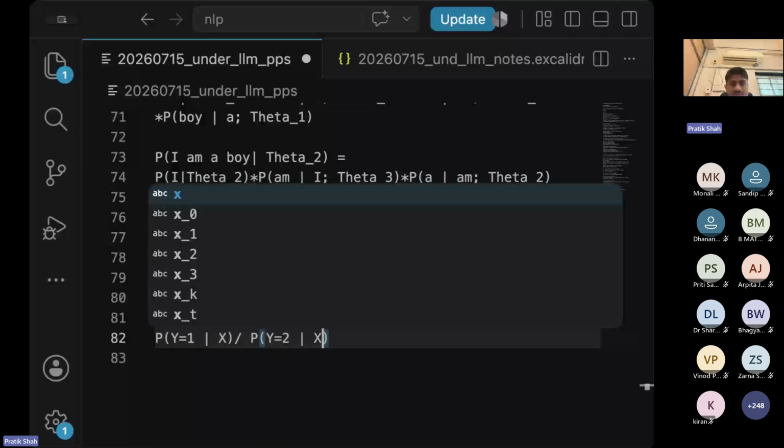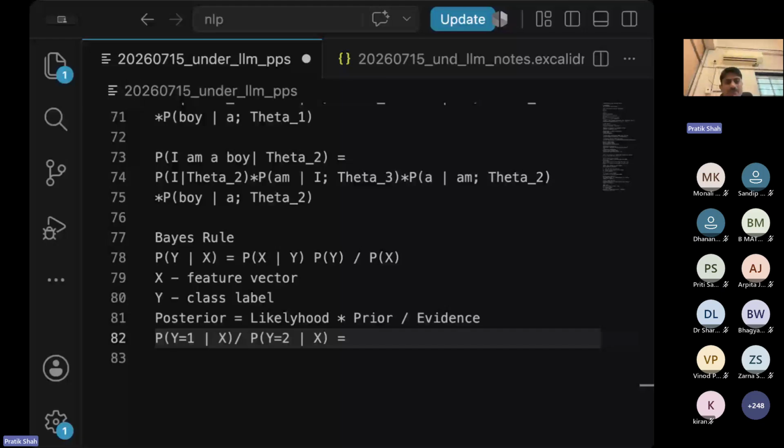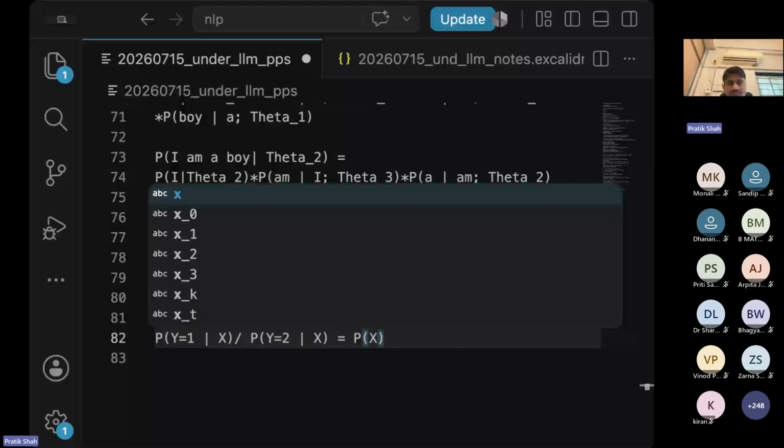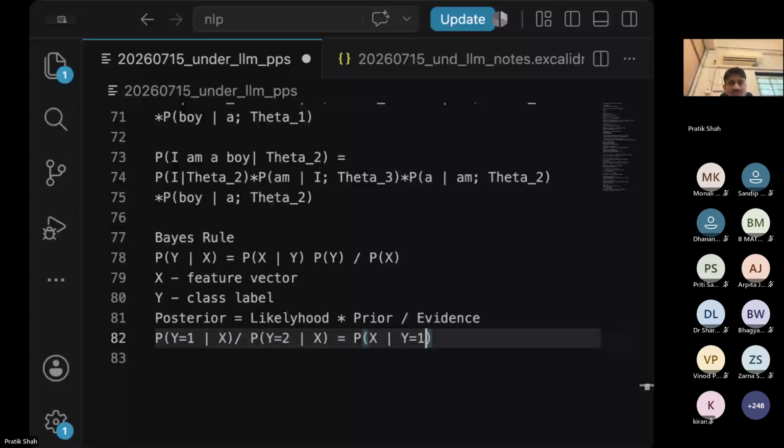For the same evidence, so I observe the same feature vector, I want to find out whether it is from class 1 or class 2, dog or cat. Then its likelihood, probability of X given y equals 1, multiplied by how likely it is that I see a dog, divided by probability of X given y equals 2 multiplied by probability y equals 2.